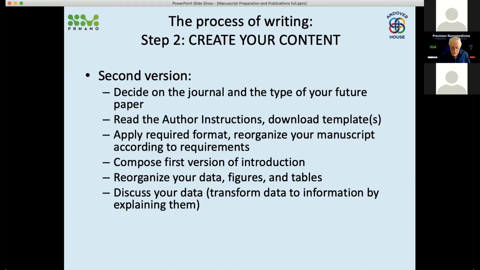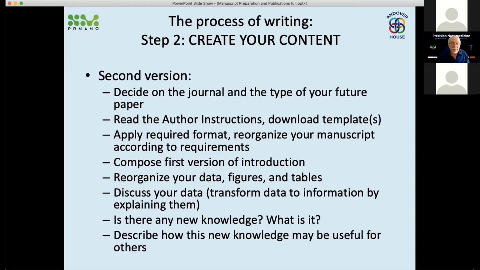Again, the introduction is what is known. Not everything, the relevant information. Reorganize your data, discuss your data, explain them, and look at that. Is there any new knowledge? What is it? Because this is the point of the whole thing. Describe, and people often forget this, how this new knowledge may be useful for others.